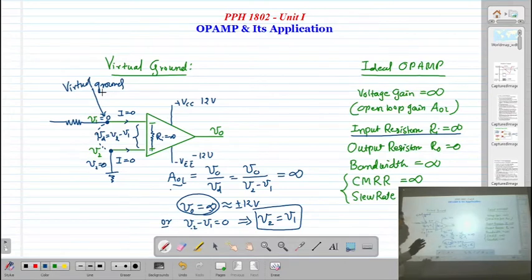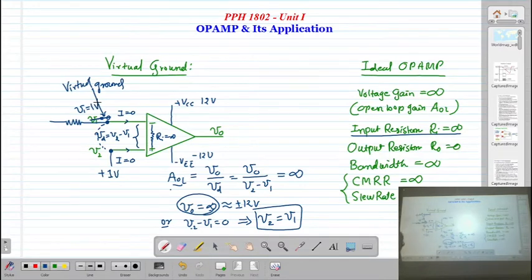Now sometimes what will happen? Instead of this, if I am connecting a plus 1 volt here, now V2 minus V1 is 0, it means the potential at this point will also be 1 volt.